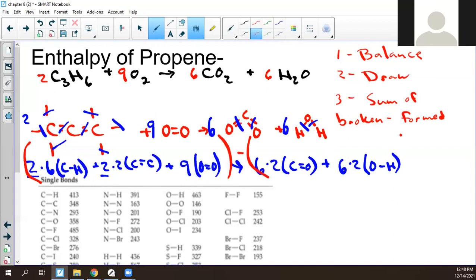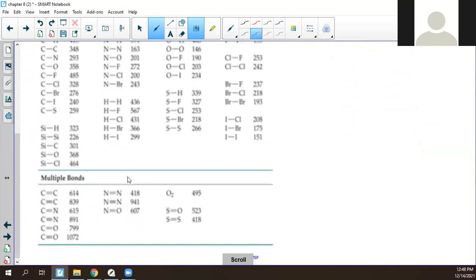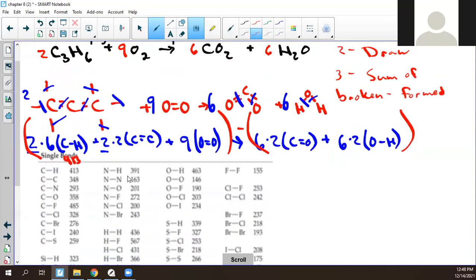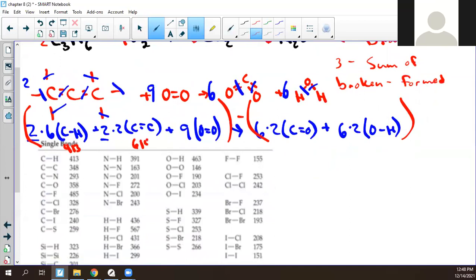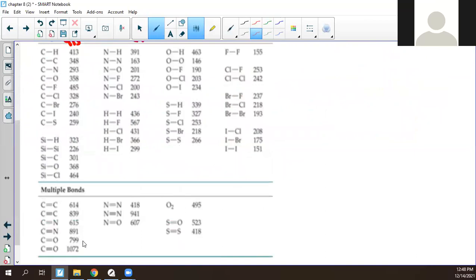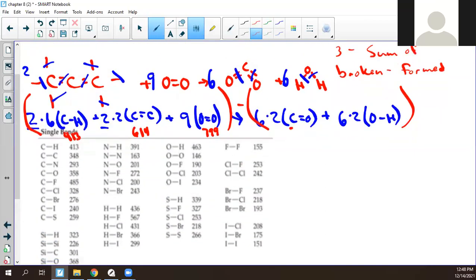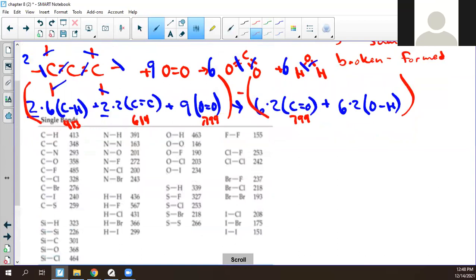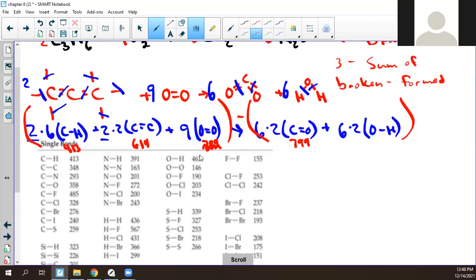Minus this part. So C-H is 413. C double bond C is 614. This is the 799, C double bond O. The O2 is 495, I'm sorry. And then O-H was 465.